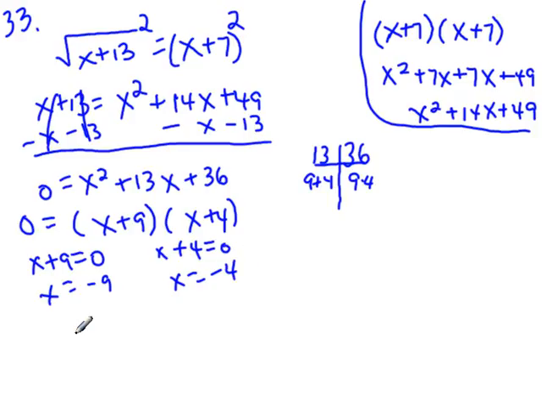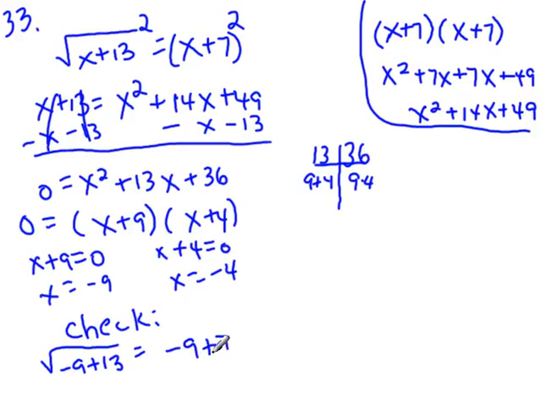Now remember, anytime, you should check all of your problems, of course, but anytime you have a variable under a radical and outside of one, you're very likely to end up with extraneous solutions, so you want to be really careful to check it. So the first thing I'm going to check is negative 9. So I have the square root of negative 9 plus 13 equals negative 9 plus 7.